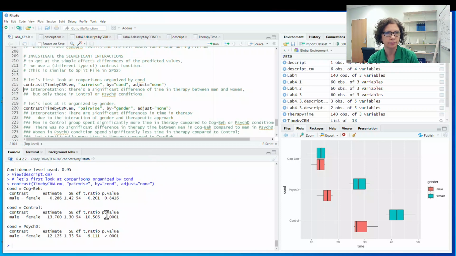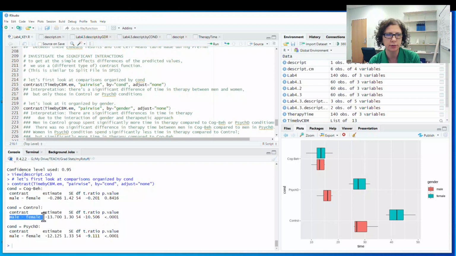Running that, we can see these contrasts below. And notice that there's no significant p-value here. So for cog behavioral, the difference between male and female is not significant. But for the control condition, those in therapeutic condition control, there is a significant p-value.